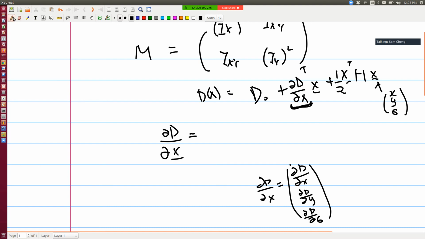So I need a transpose here, just to make it a row vector times a column vector. Now if I take the partial derivative of this with respect to x, what do I get?